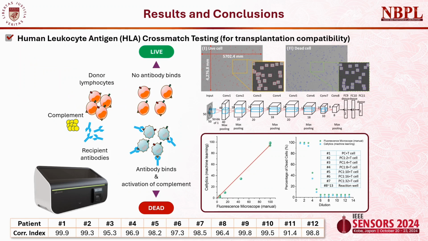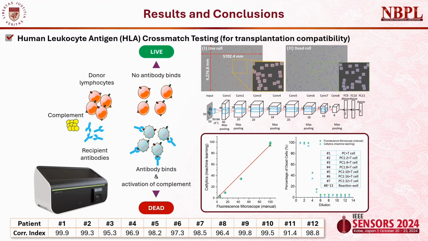CDC cross-matching is tested to determine whether organ donation is possible between a donor and a recipient. The traditional method involves staining cells with fluorescent dyes to assess cell death, which helps evaluate the feasibility of organ transplantation. However, this process is invasive and can be subject to expert bias. The graph at the bottom compares the results from Cellytics and traditional fluorescence microscopy.